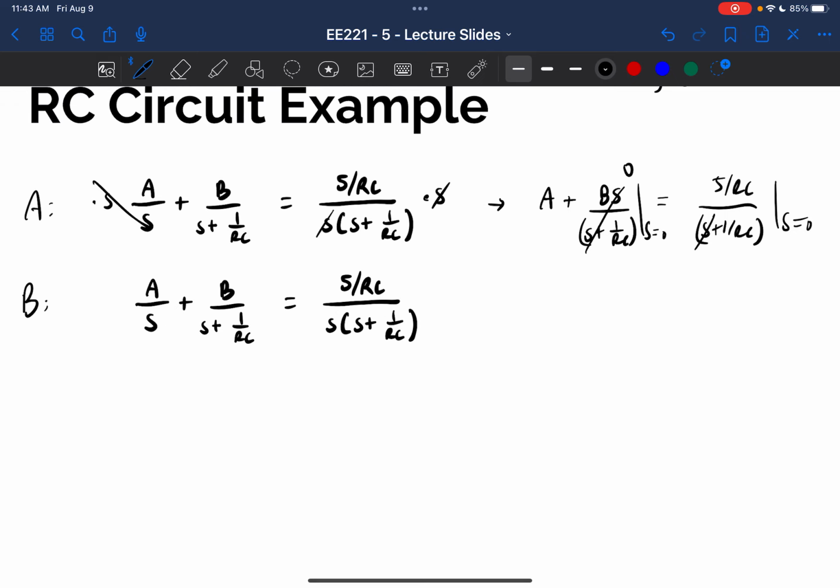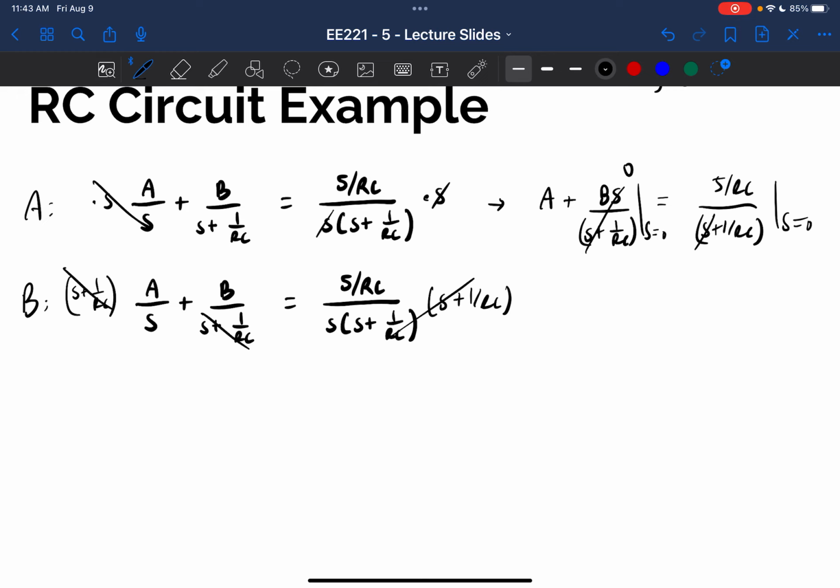If we want to solve for B, we know we have to multiply both sides by S plus 1 over RC, right? The denominator of B. That causes these to cancel. S plus 1 over RC here as well, and that's going to cause these to cancel.